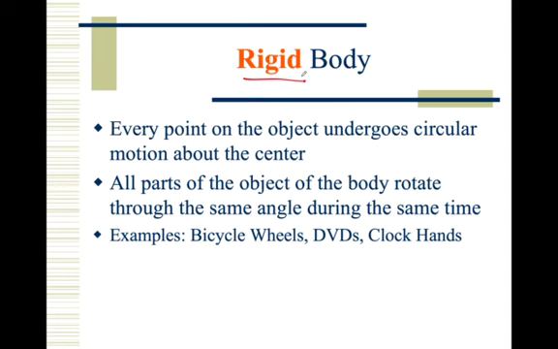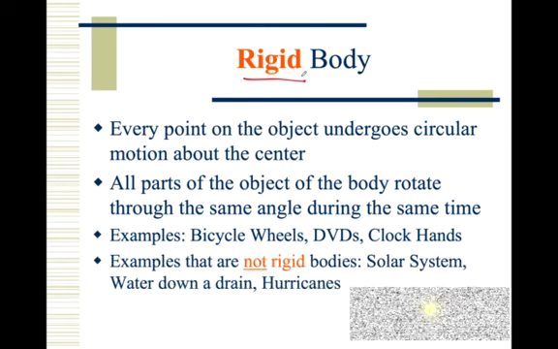And all the objects on this rotate through the exact same angle during the same time. So example, your bicycle wheel, a DVD or Blu-ray disc, clock hands, your hard drive if you have a mechanical one. Every single object on that goes through the same angular displacement in the same time if it's a rigid body.